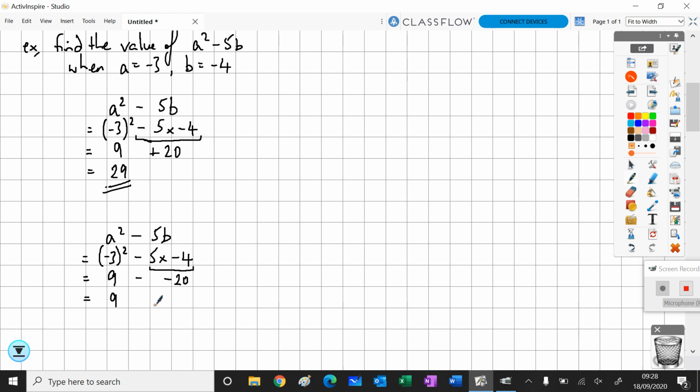And so we've got 29 again. Both of these are okay. I actually prefer this one because it's more precise to regard this as being negative 5 rather than a 5 with a takeaway stuck on the front. But they do both work.